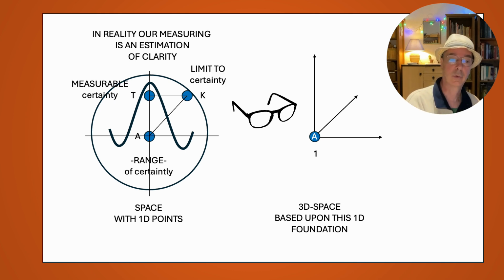So we use A to have a range of certainty. We have T as a measurable certainty.